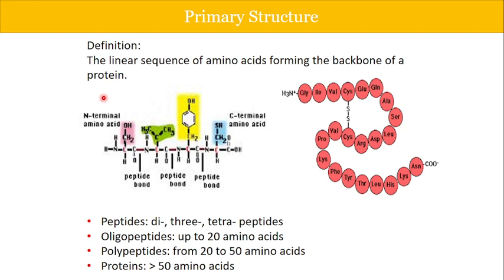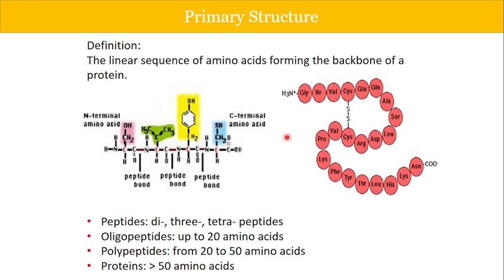That we call the primary structure, in which you have your N terminal. The first amino acid is called the N terminal amino acid, and the last one is called the C terminal amino acid.